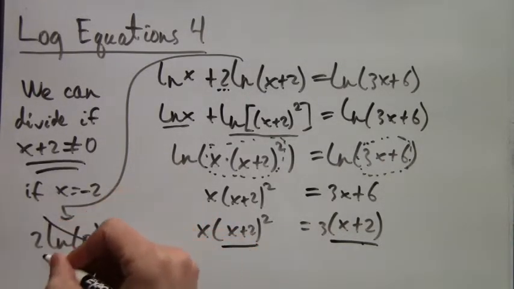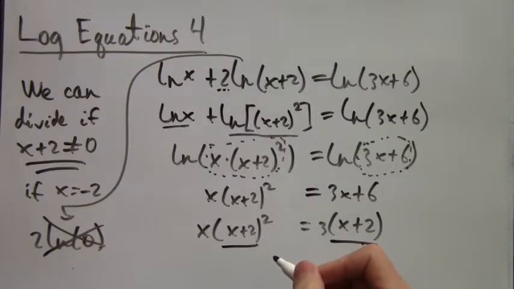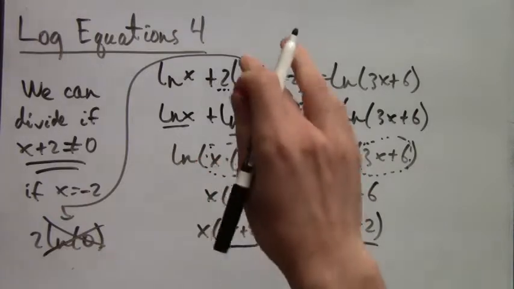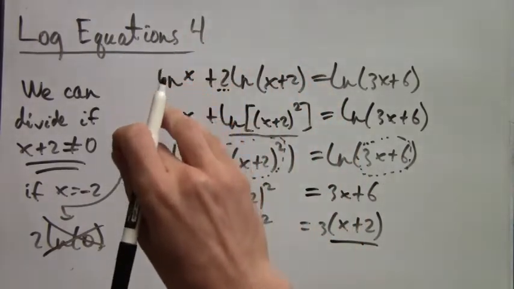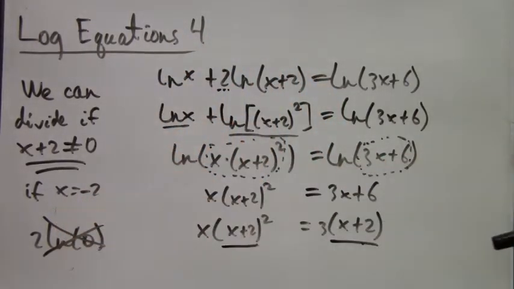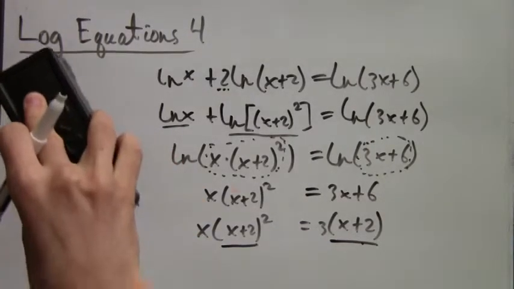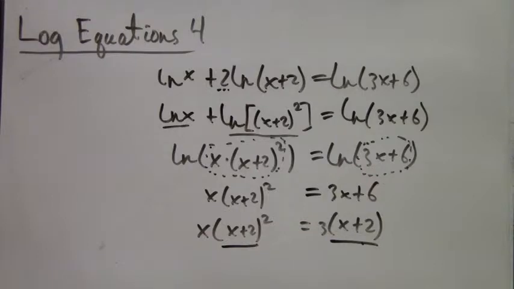So this means that we can divide by x plus 2, and our answer will not change at all. But that detail isn't that important. Just remember, if you can simplify without having to multiply out, always do it.